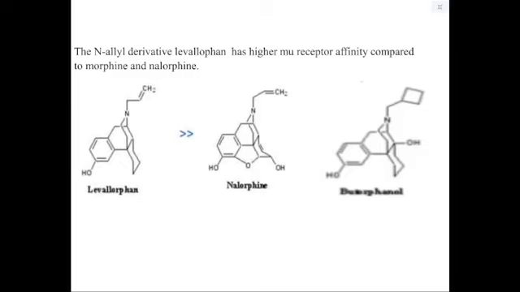And in terms of receptor affinity, levallorphan has higher receptor affinity than nalorphine, because this allyl group seems to give much higher binding affinity. So I think the ones we can compare are levallorphan and nalorphine, because they have the same structure.